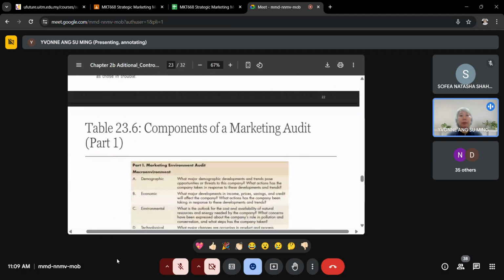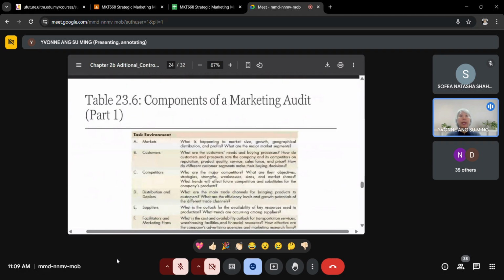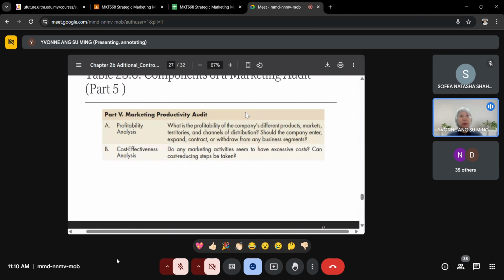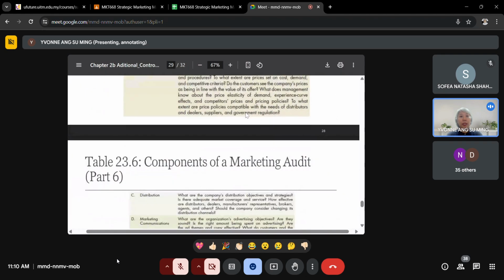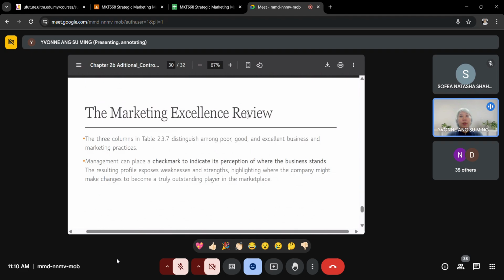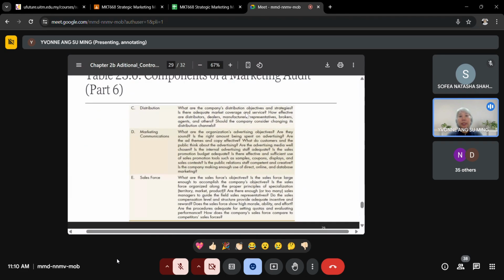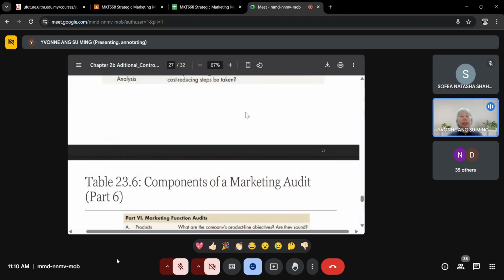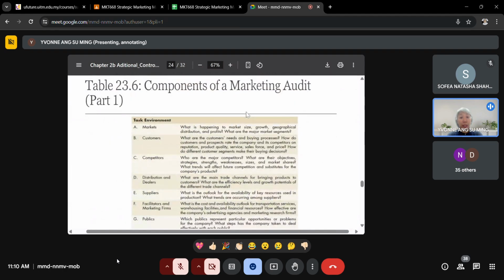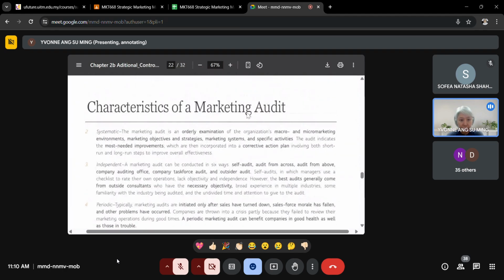Okay, so there is a period of time where the time goes by, and then after that they do the audit. Okay, so audit you can see here is actually a very in-depth punya analysis. Dan inside an audit, it actually takes quite a bit of time and also quite a lot of effort.